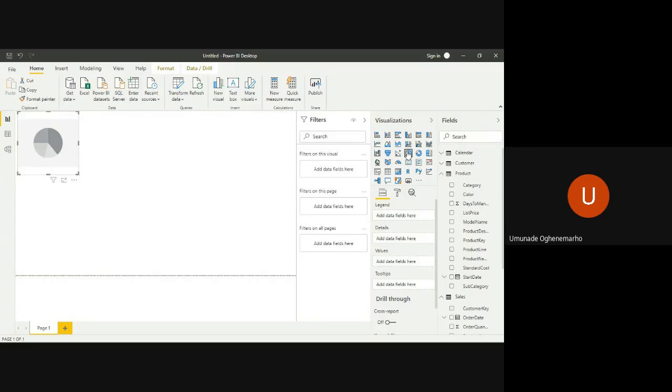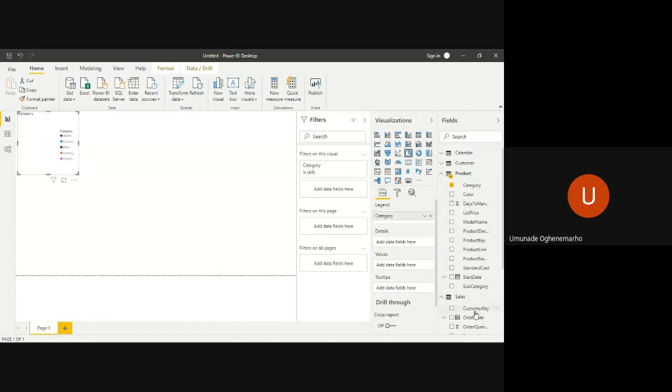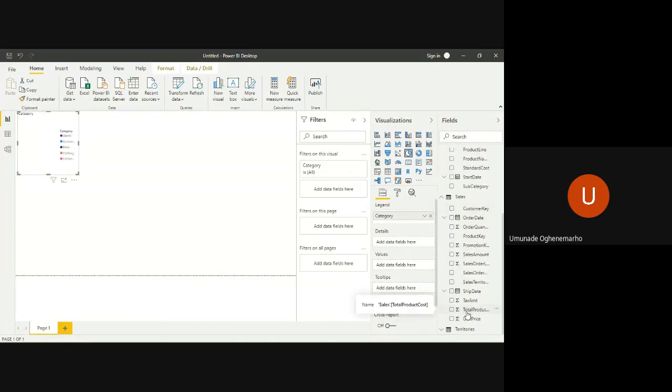But for those who know how to use a pie chart, I would generally advise don't use your pie chart for more than 10 data items. So your categorization should not be more than 10 so that it doesn't look clustered. So let's take category and let's take unit price.